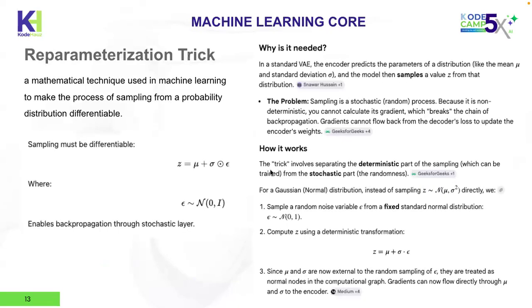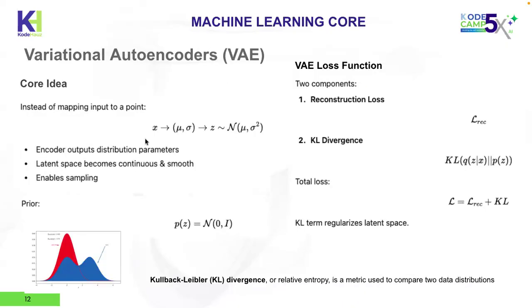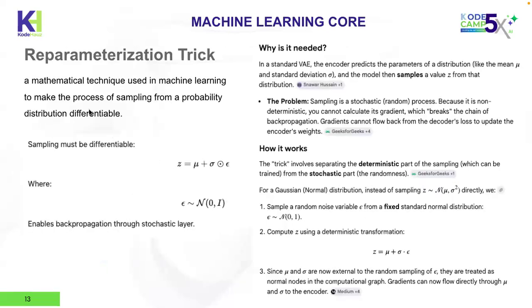Okay, so one other thing that we talked about is when you're training variational autoencoders, there is a random sampling aspect. The way this works is that in a standard VAE, the encoder is predicting the parameters of a distribution.